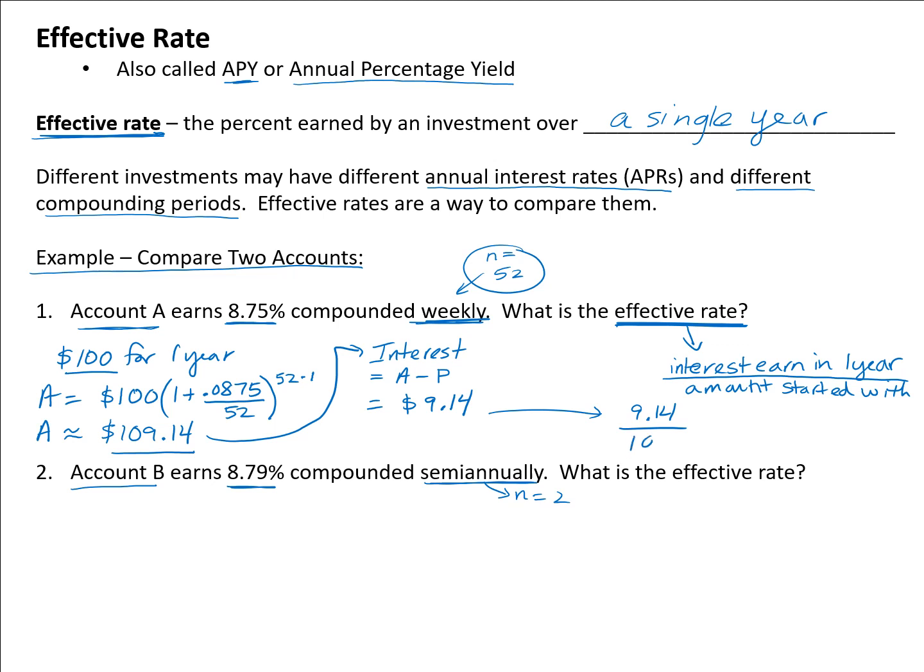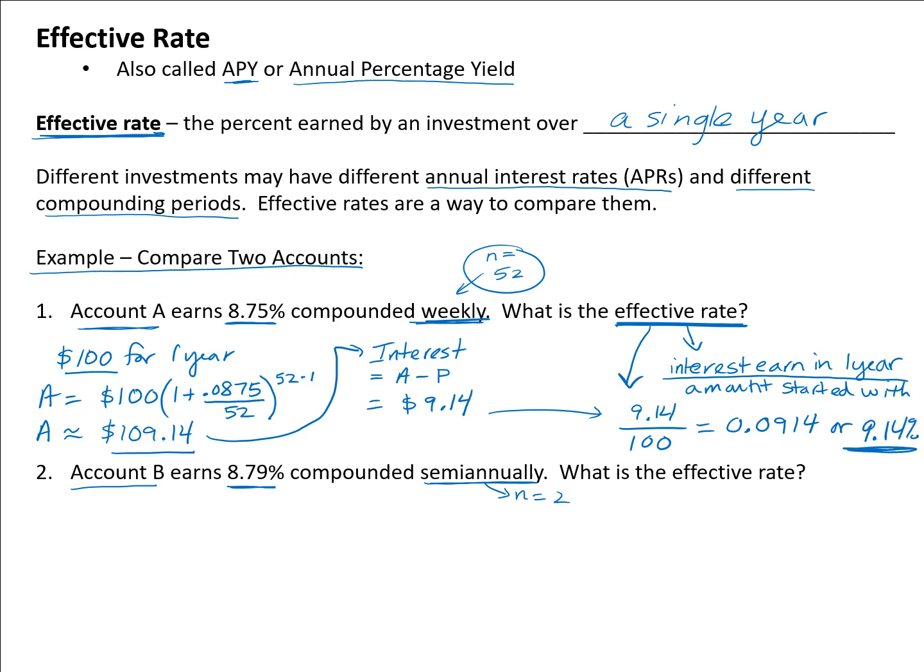We started with $100. So we divide out the 100. Dividing by 100 is really nice. It just moves the decimal place. I don't even have to round off, it's going to come out nicely. It would be 0.0914, or as a percent, 9.14%.